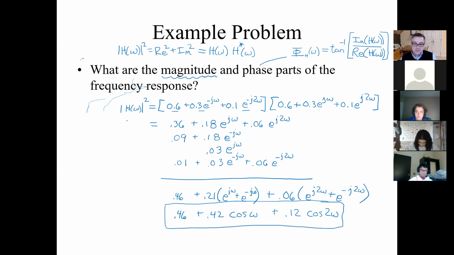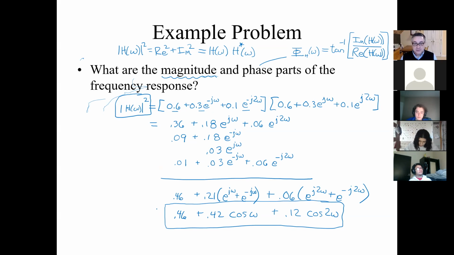Okay, now notice that result is magnitude squared. So if we want the magnitude not squared, we just take the square root of that. And that doesn't really simplify. So that's fine. But this is the most informative form of this.